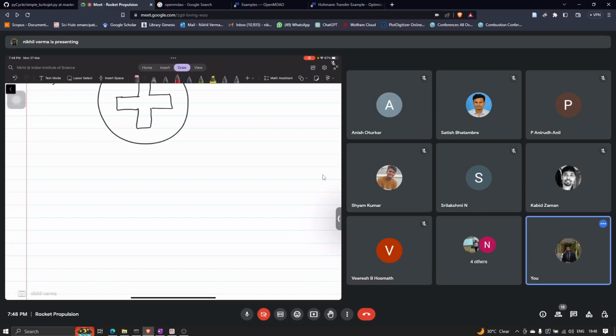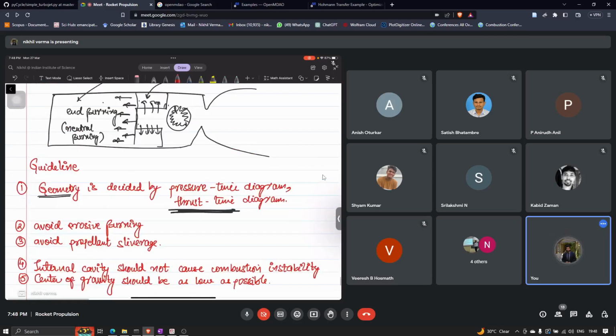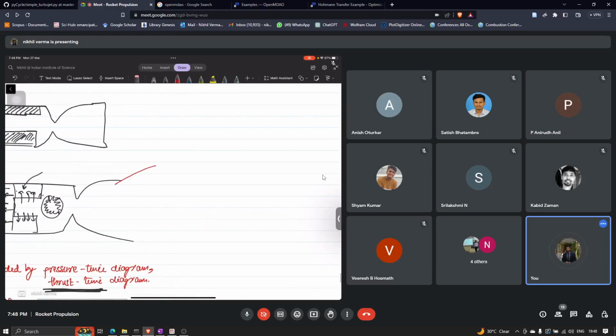Basically, we were talking about sliverage. So whatever I was telling you, let me give you some other part. I am writing the percentage of neutral burning, and this is your grain type. With end burning you have 100% neutral burning.